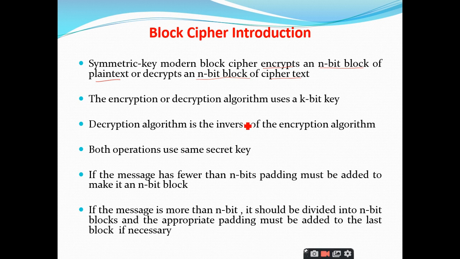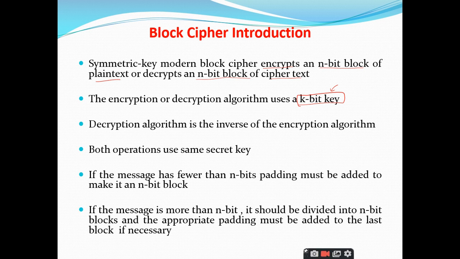The encryption and decryption algorithm makes use of a k-bit key. As I told you, for any cryptographic algorithm, when you want to perform encryption or decryption, you require a key. We will see what size of key a substitution technique should have and what size of key a transposition cipher will have.